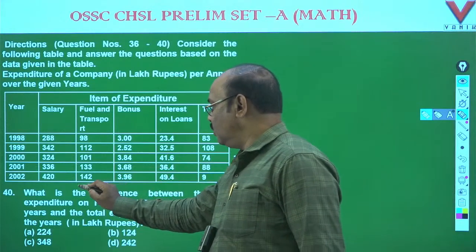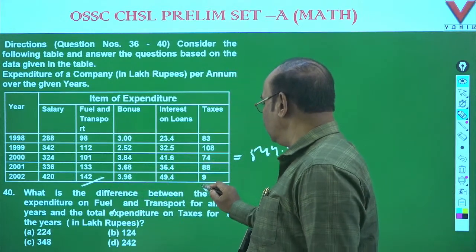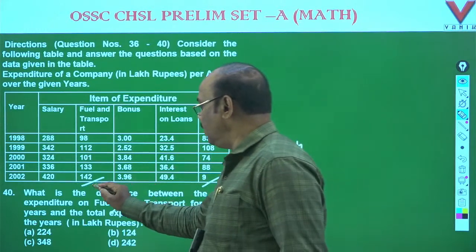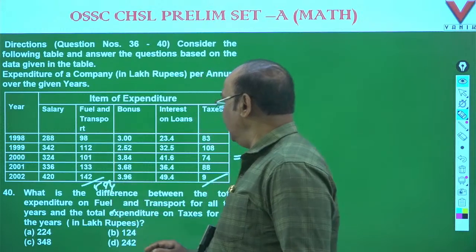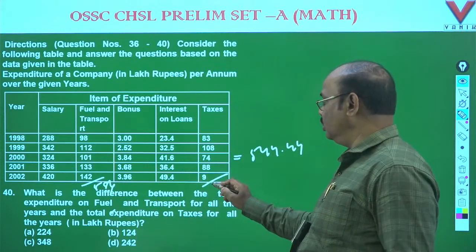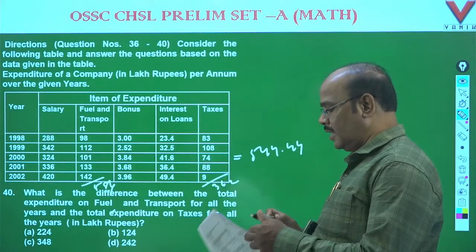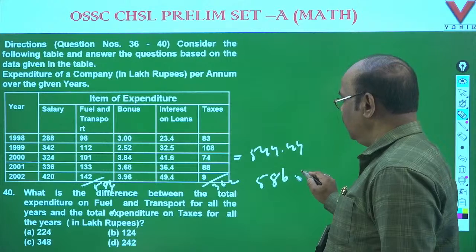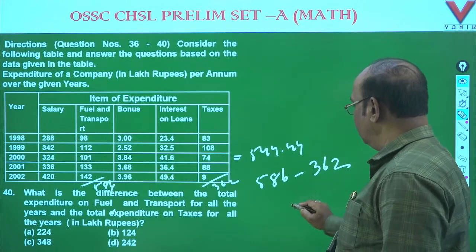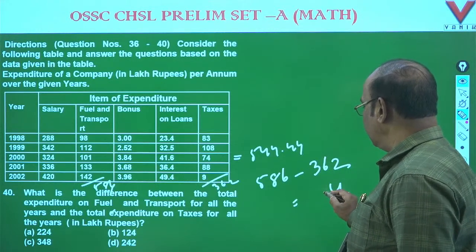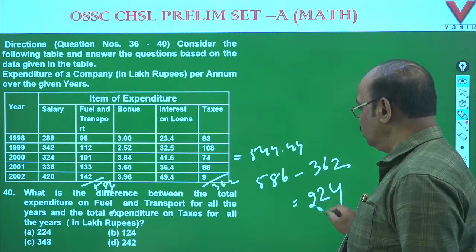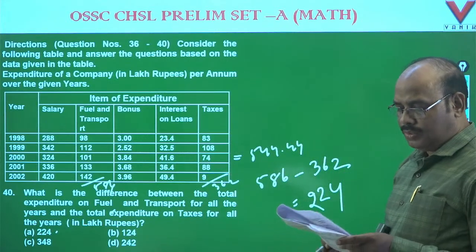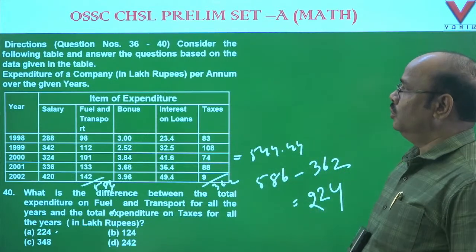Sum fuel and transport, and sum the taxes. The sum of fuel and transport comes to 586, and the sum of taxes comes to 362. Subtract: 586 minus 362. 6 minus 2 is 4, 8 minus 6 is 2, 5 minus 3 is 2. So 224 lakhs, option A. The first option, A, is the answer.